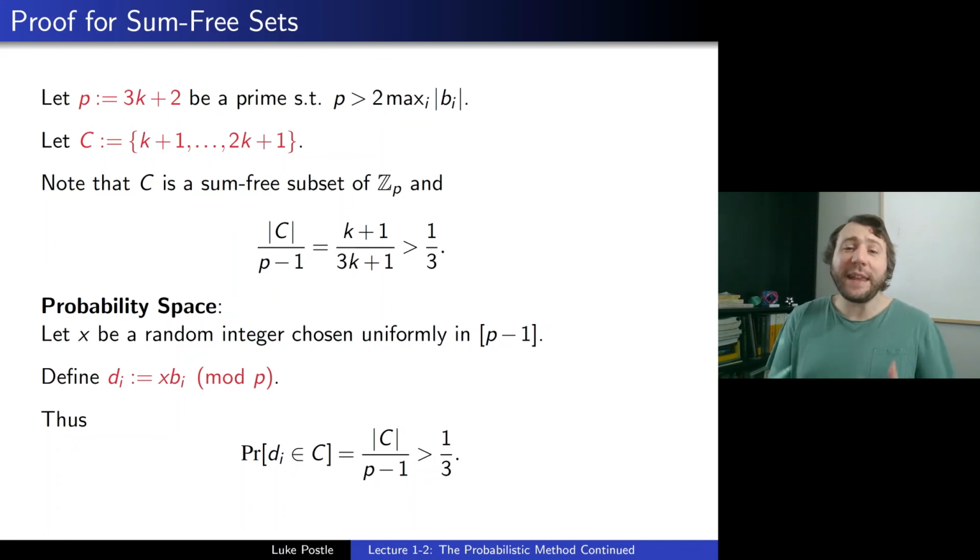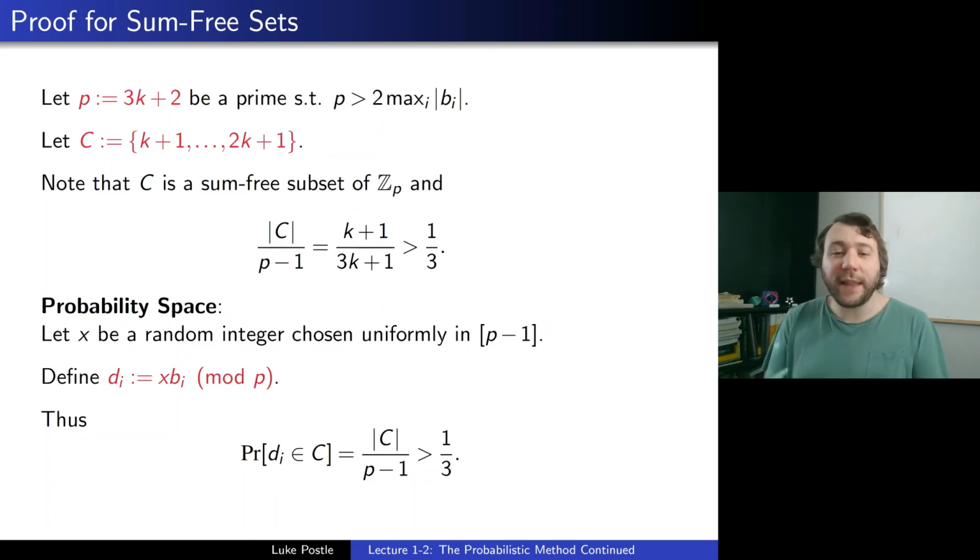Why is that? In this cyclic group, this prime space, when we're multiplying, X will just permute all of the integers around. So there is always one X that will get you from b_i to any other integer 1 up to P minus 1 in this multiplicative group.